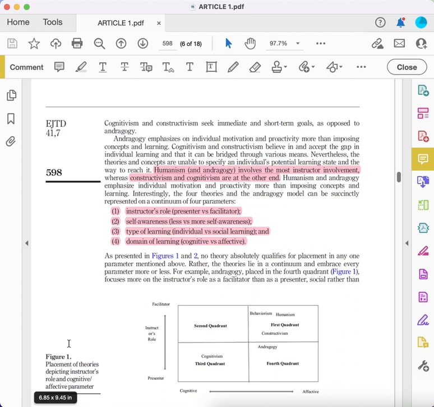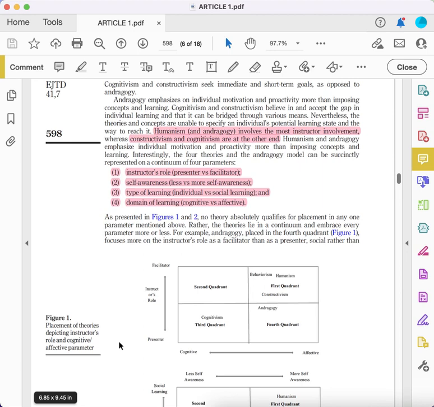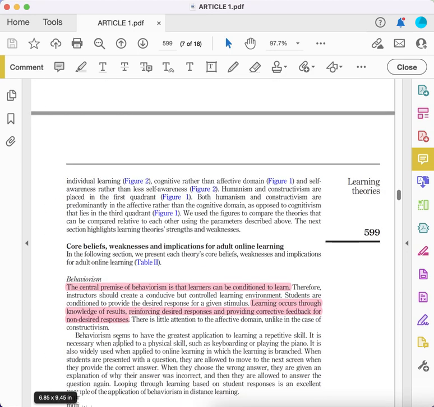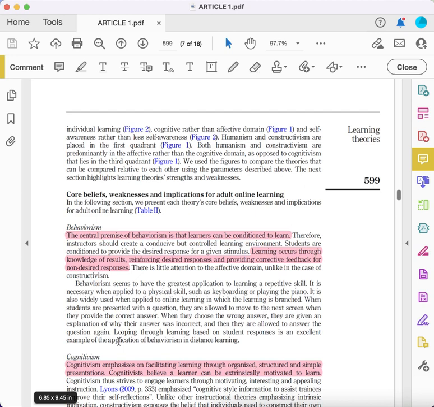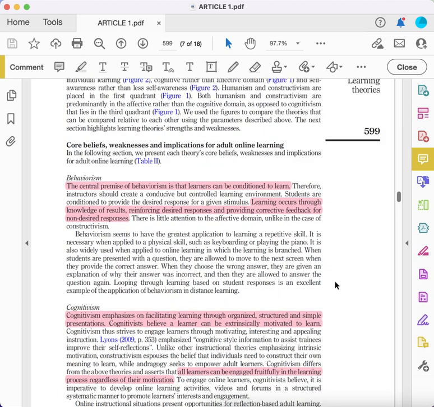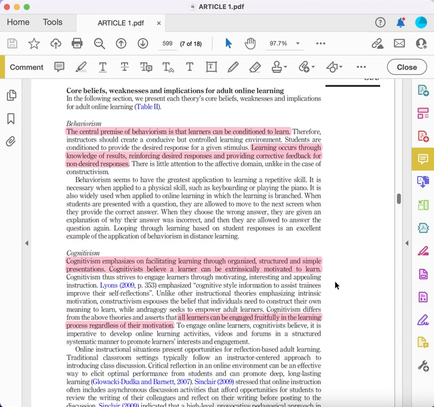And then the domain. Are we looking for cognitive kind of learning or affective learning? That is a question based on what the content is or what the style is that we want to get out there for our learners. All right, so it then goes into each of those again: core beliefs, implications, weaknesses. I think that they did a really good job going through and talking about some of the hiccups.